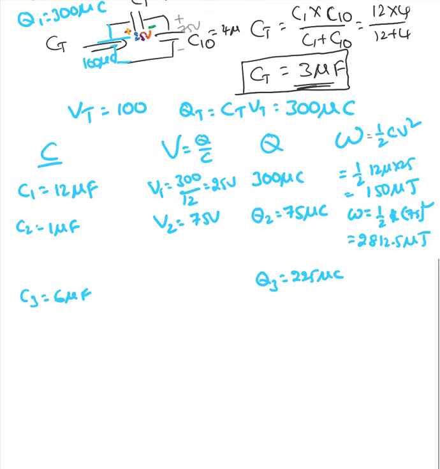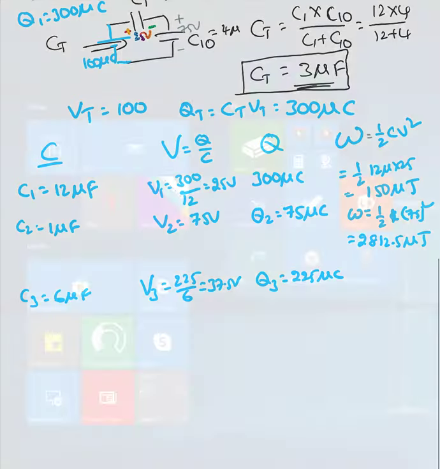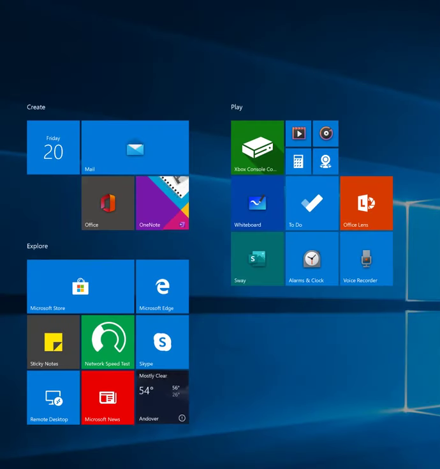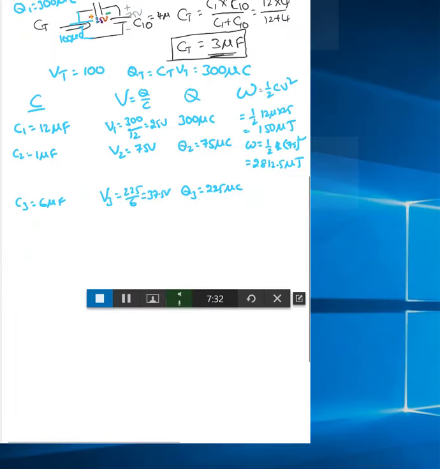Now that I have Q3, I can say V3 equal to 225 divided by 6, which is 37.5 volt.